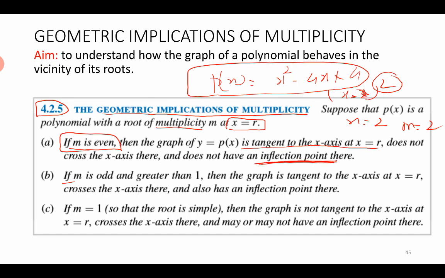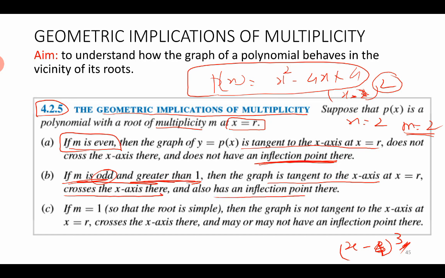Next, if m is an odd number greater than 1, instead of 2, if you take a polynomial (x minus 3)(x minus 4) to the power 3, the root is 4 and the power is 3, isn't it? The multiplicity is 3. So if m is 3 and greater than 1, then the graph is tangent, and also it crosses the x-axis at this point.